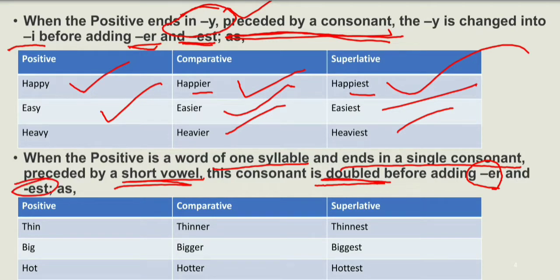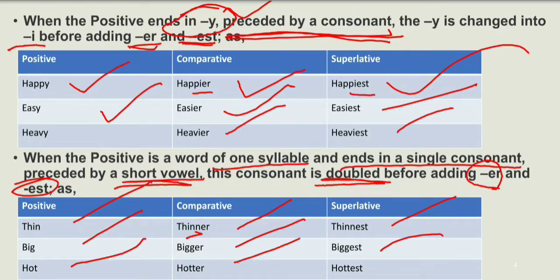How? Look at the word thin. Making the comparative of thin, it is thinner. Here the consonant is doubled. Same is the case with the superlative degree, as in big, bigger and biggest, and hot, hotter and hottest.